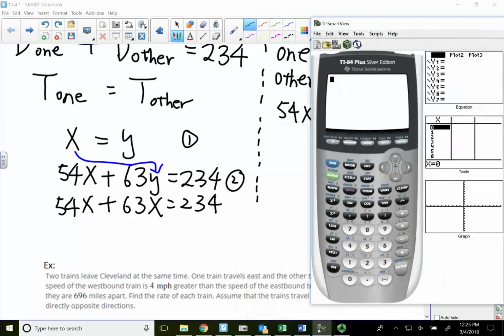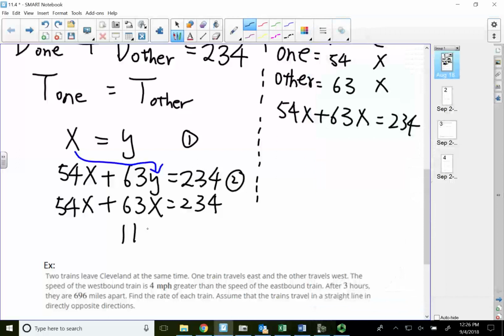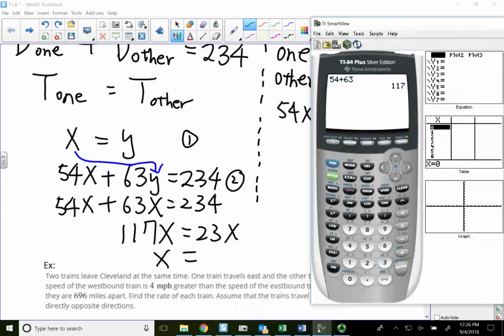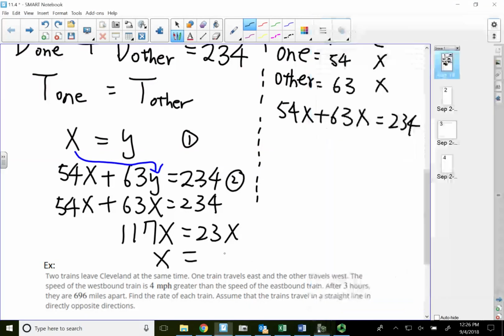All right, so let's continue to solve it. Let's combine like terms. 54 plus 63, 117x. Set it equal to 234. Divide both sides by 117. My answer, 2 hours.